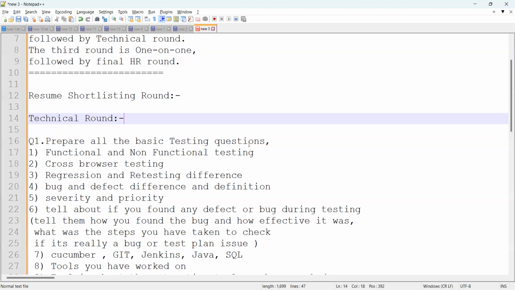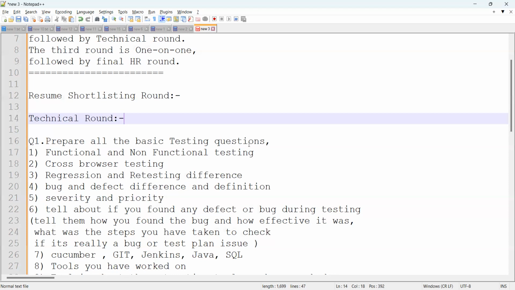Every interviewer wants that if you are doing testing, then you should know cross browser testing, like what all browsers can be covered, or how to do testing on the Chrome browser, Firefox, Mozilla, and web, and different environments.